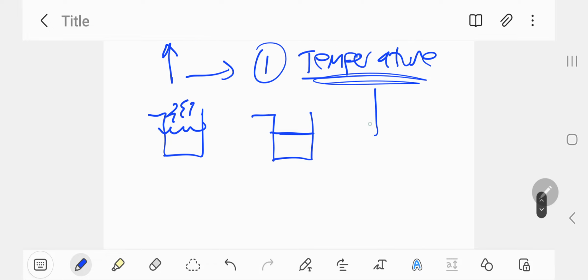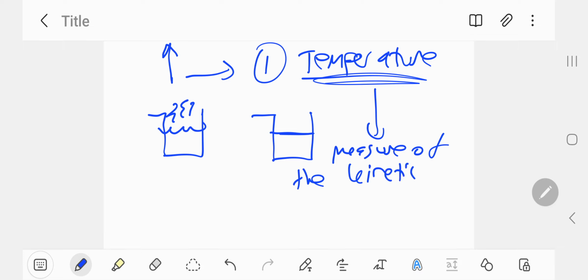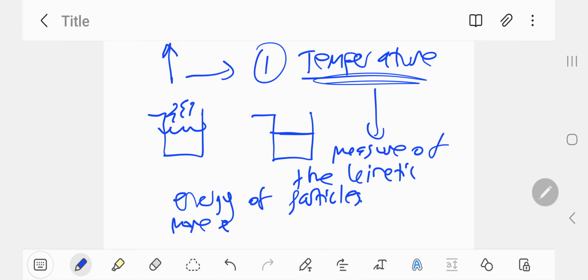So temperature is basically a measure of the kinetic energy. Kinetic energy is moving energy. The kinetic energy of particles. So the more energy a particle has, that equates to higher temperature. That's what temperature is.